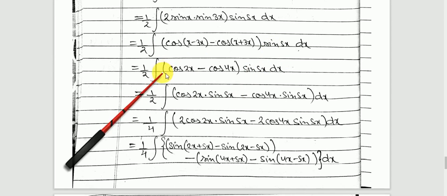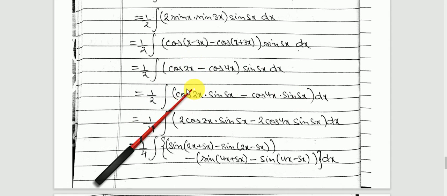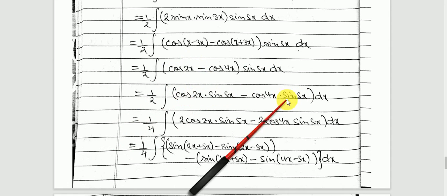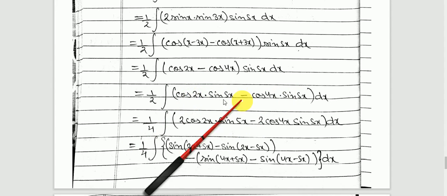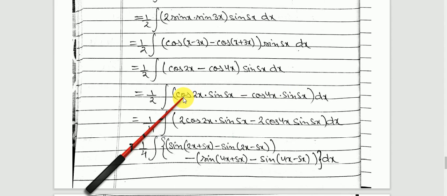Now open the bracket, so you will get this. Again we have got 2 terms over here, but we don't have any direct formula for them. So again multiply each term by 2 and divide by 2.